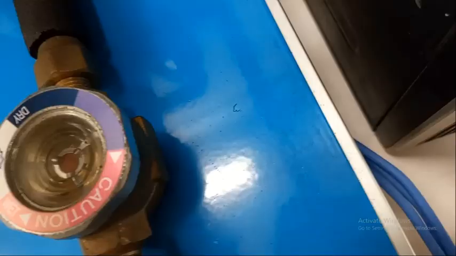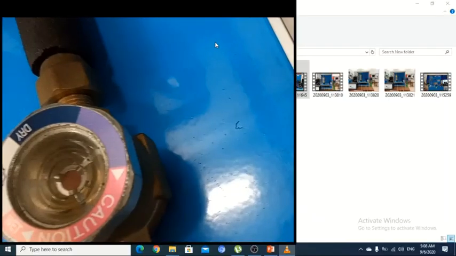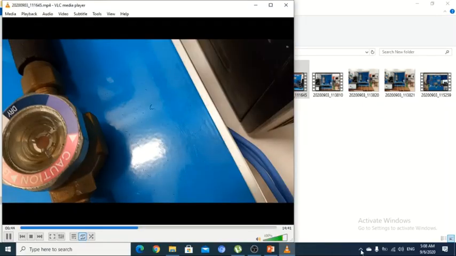This makes sure that your condenser is properly working. So this is the complete procedure, and in response we have gathered certain readings. Let's move forward to our observation section.